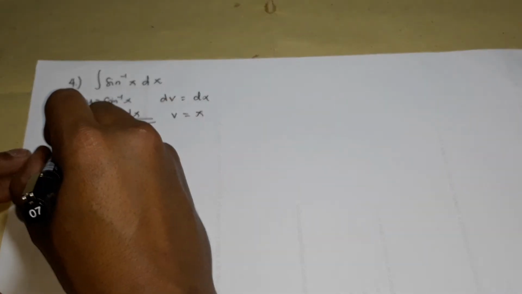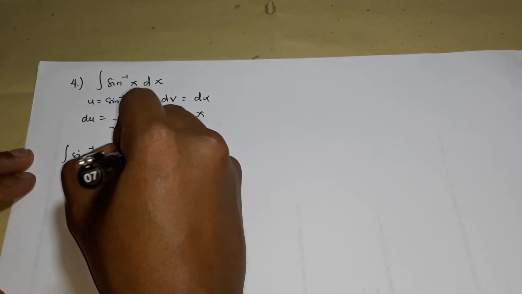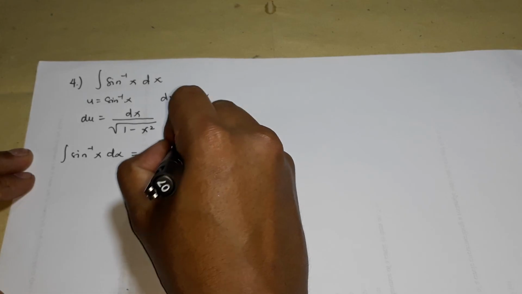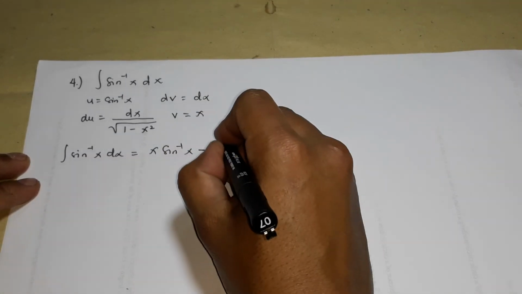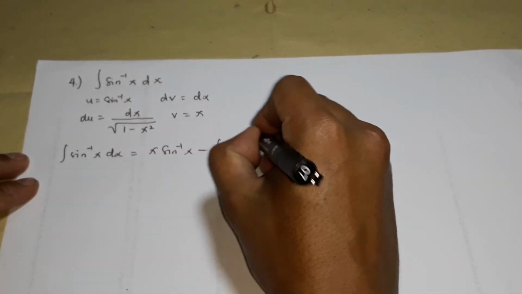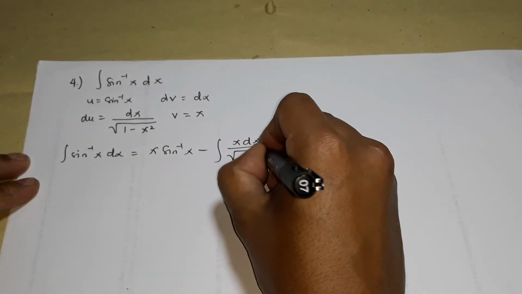And then you have the integral of arc sine of x dx equal to uv, so that's x arc sine of x, minus the integral of v du, so that is x dx all over the square root of 1 minus x squared.